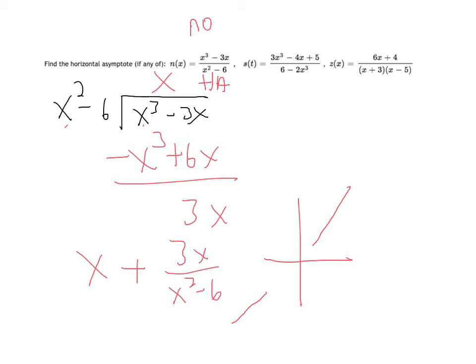So we don't have to go through this whole task if we can just remember that. So keeping that in mind, let's take a look at this. The degree of the numerator is 3 and the degree of the denominator is also 3. So if I rewrite this as 3x cubed minus 4x plus 5 over negative 2x cubed plus 6, sure, you could do the division if you wanted to, but as x goes out to infinity, because that's what we care about, or negative infinity, the 5 and the 6 aren't going to matter so much if you're way out at 1,000,000, right?